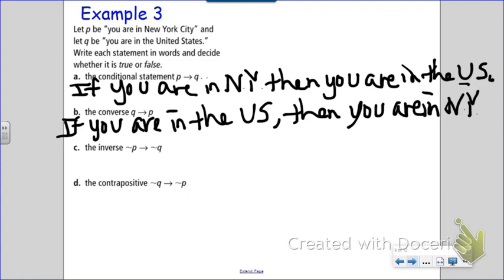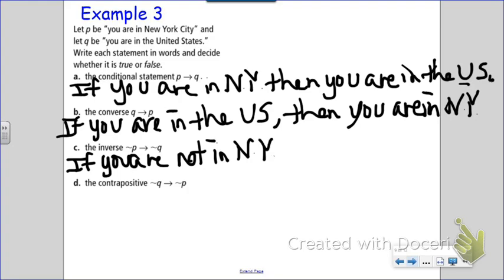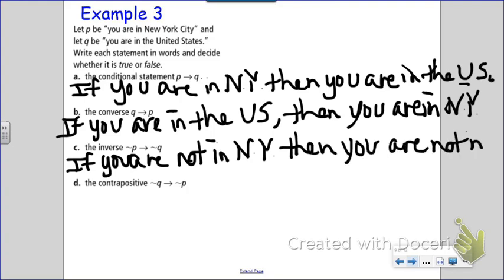The inverse would say, if you are not in New York, then you are not in the U.S. And then our contrapositive: if you are not in the U.S., then you are not in New York.